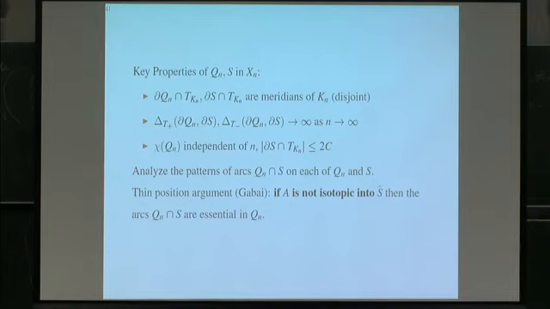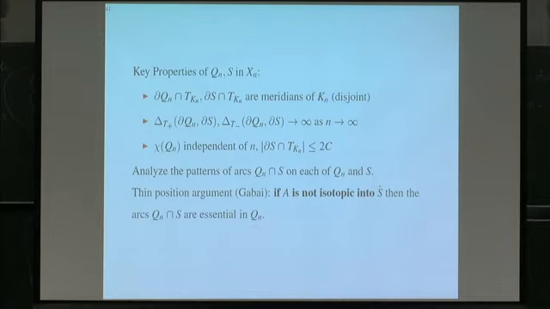A thin position argument of Gabai, if you apply it in this context, says that as long as A is not isotopic into the Heegaard surface, then we can find a level Heegaard surface so that the intersection of the punctured surface with Q_n are essential curves in Q_n.